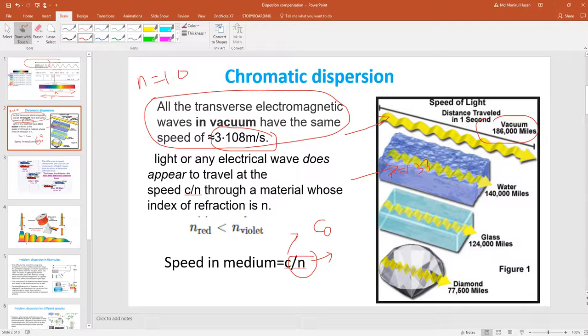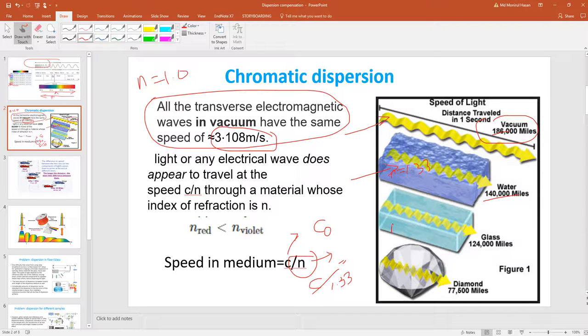That means C divided by n, with n being 1.33, should be less than the speed of light in vacuum. So it reduces, from 186K down to 140K.